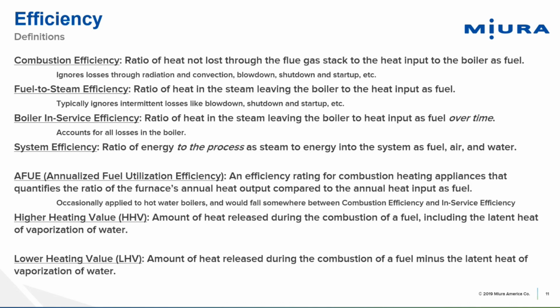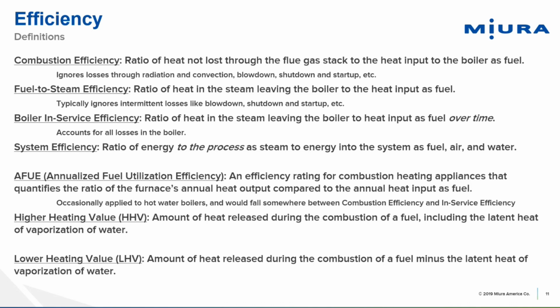Then you've got fuel to steam efficiency, which is similar, except now we're looking at what's the ratio of the heat in the steam to the heat that's coming in as fuel. So you're going to ignore intermittent losses like blowdown, shutdown and startup, things like that. But you are looking at how much heat am I actually getting out of the boiler.